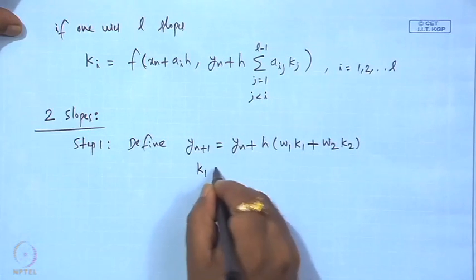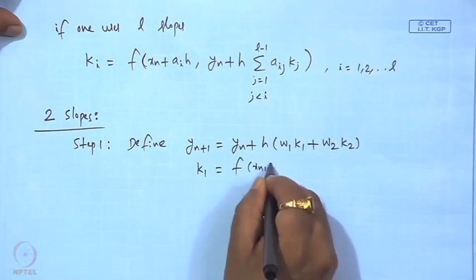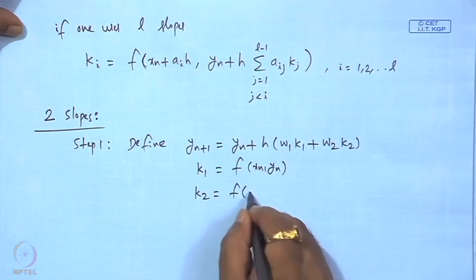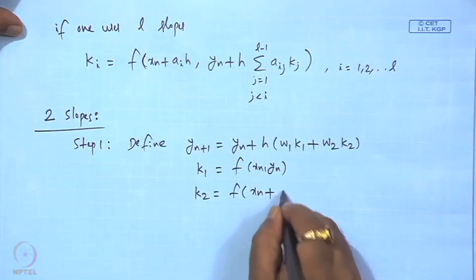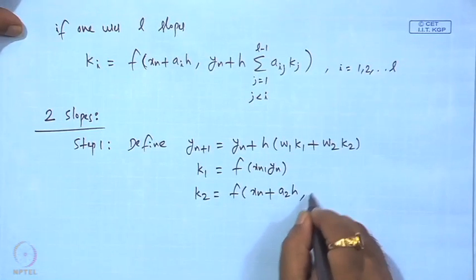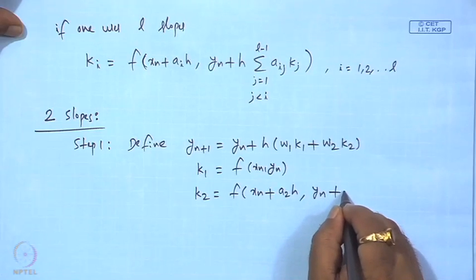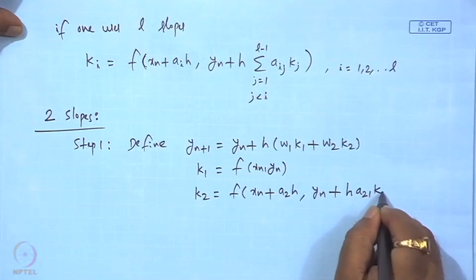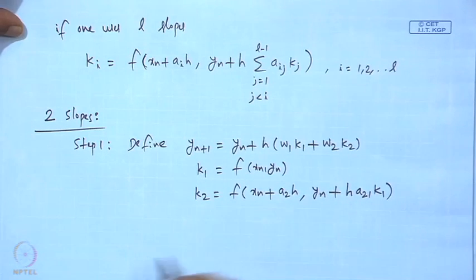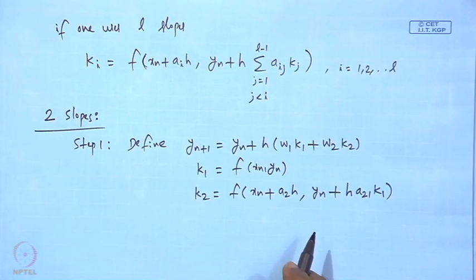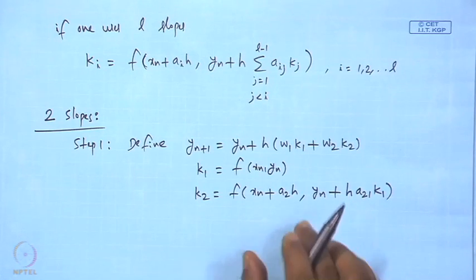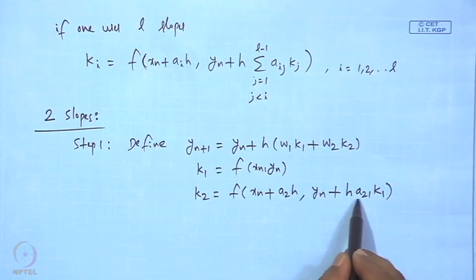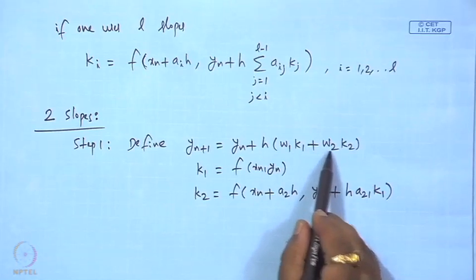Now, K 1, K 2 contain arbitrary coefficients. So, what are they? K 1 is f of x n, y n, and K 2 is f of x n plus A 2 h, y n plus h A 2 1 K 1. Okay. So, now at this stage what is left? Yes, we have to determine the arbitrary coefficients and the weights.